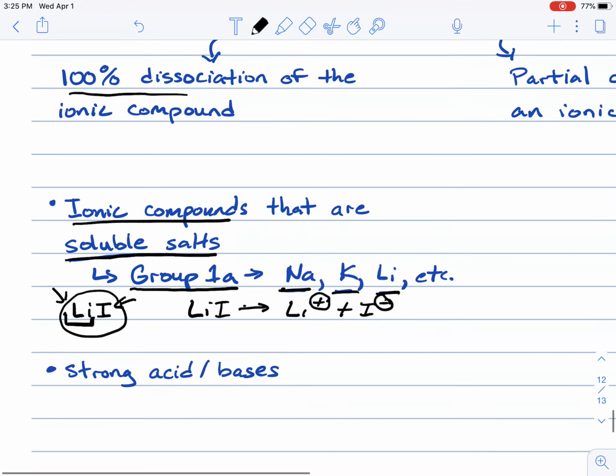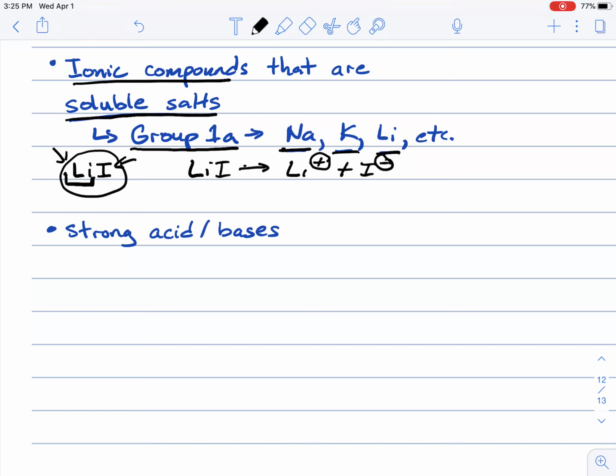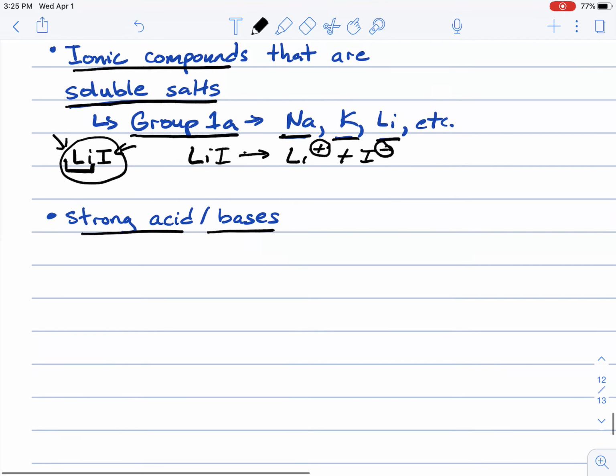And so another way that we can identify whether or not our electrolyte is a strong electrolyte or a weak electrolyte is being able to recognize whether or not they're strong acids or strong bases. We haven't really gone over acids and bases, and that's going to be in the next chapter.